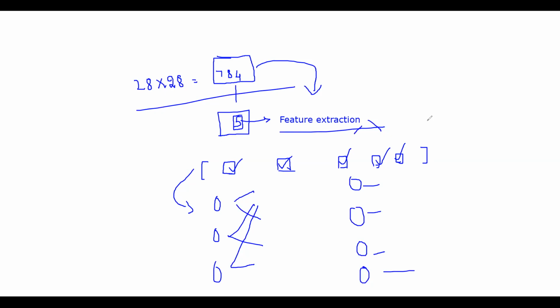Many people still feel convolutional neural networks are a black box, the black box of AI.